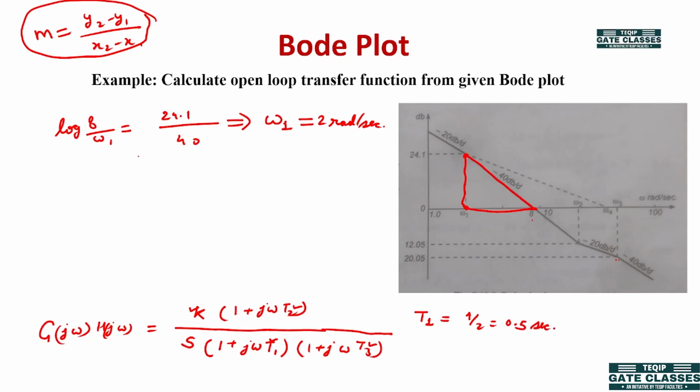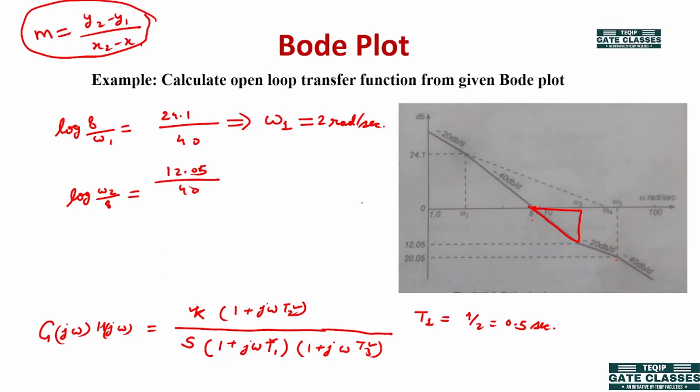Okay, next we calculate omega 2. For calculating omega 2, let's consider this area. Again the slope is minus 40 dB per decade. So we can write log omega 2 by 8 is equal to, this height is 12.05 minus 0, that is 12.05 upon 40.